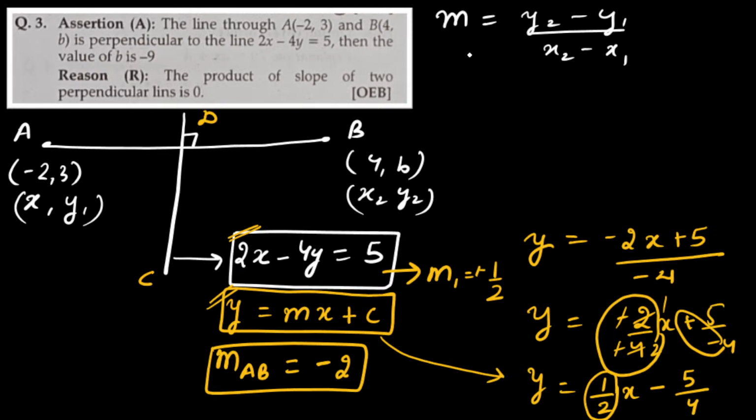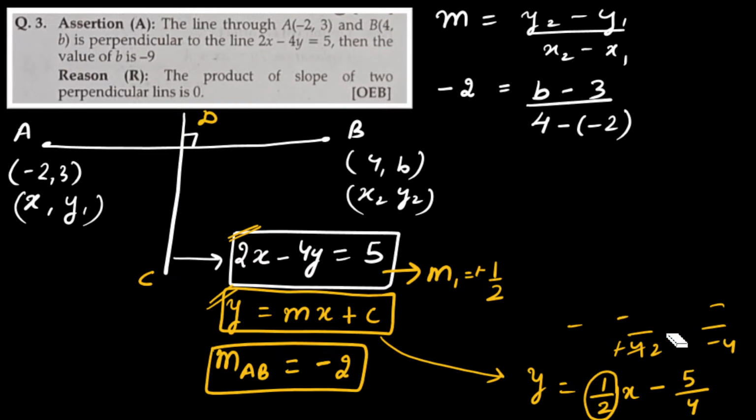But we already know the value of the slope, so we can substitute here. The slope is minus 2. So minus 2 is equal to y2, which is b, minus y1. y1 is 3, so b minus 3 by x2, which is 4 minus minus 2. So we can simplify this.